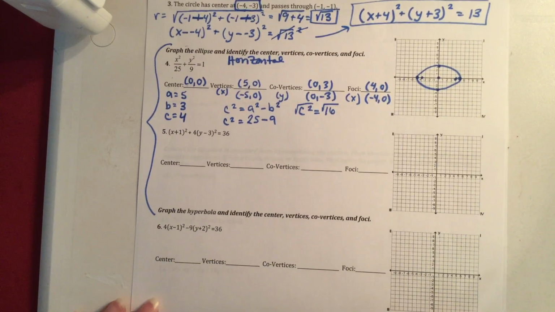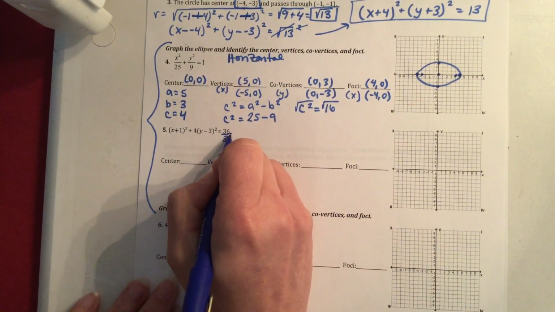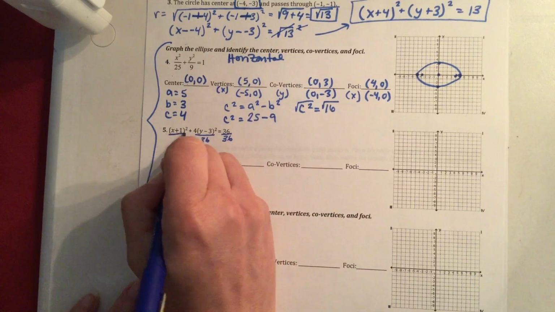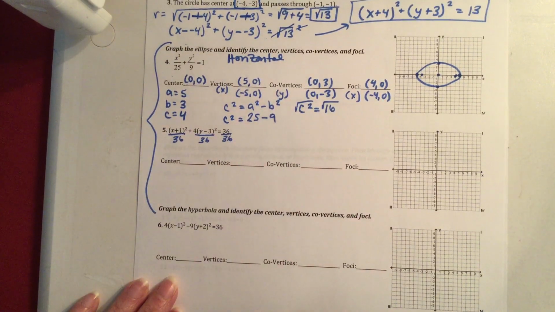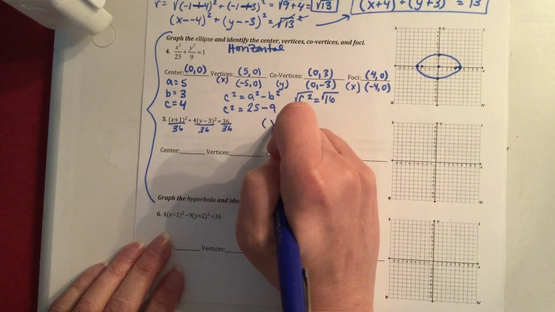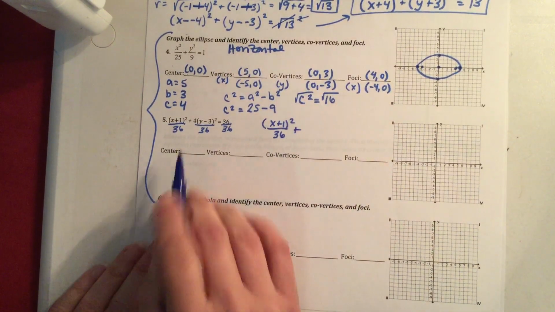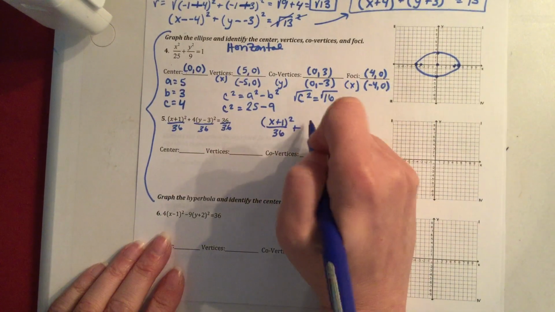Now the next one. You will notice it is not equal to 1. So step 1, what we need to do is divide every single piece by 36 because the standard equation for an ellipse, you have to have it equal to 1 every single time. So here is your standard equation, x plus 1 quantity squared over 36 plus 4 over 36.